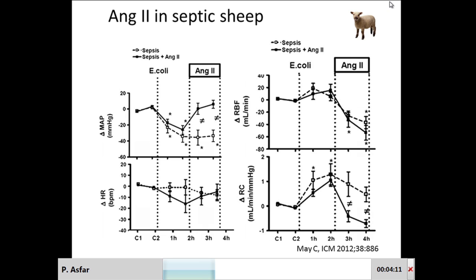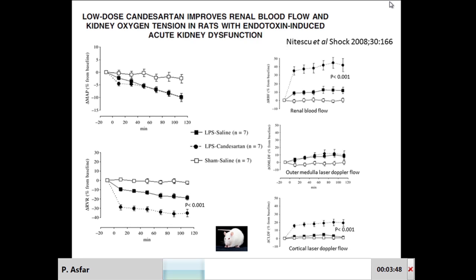The heart rate was the same. The variation of renal blood flow goes down in both groups, sepsis and sepsis plus angiotensin, and renal conductance decreased more significantly with angiotensin. So maybe it's a bad signal.